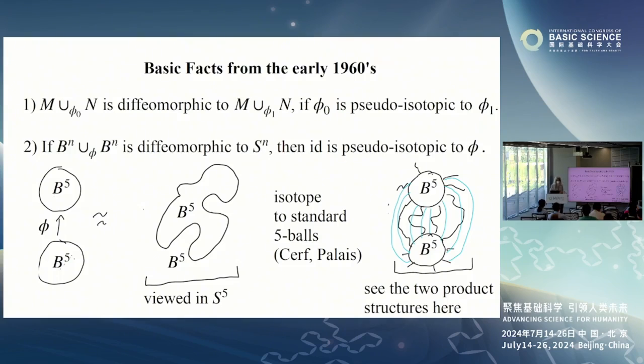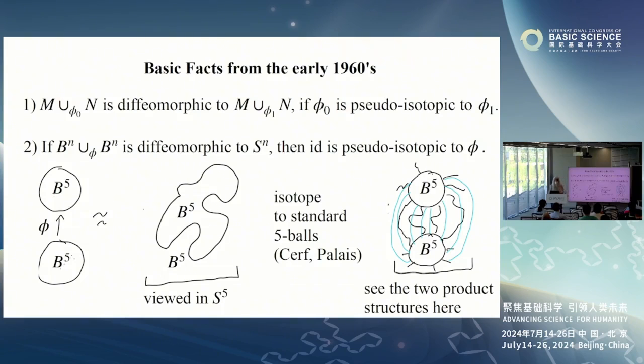So here are two ancient results. If you have two manifolds with the same topological boundary, then you get a new manifold by gluing one to the other. We all know how to do that.